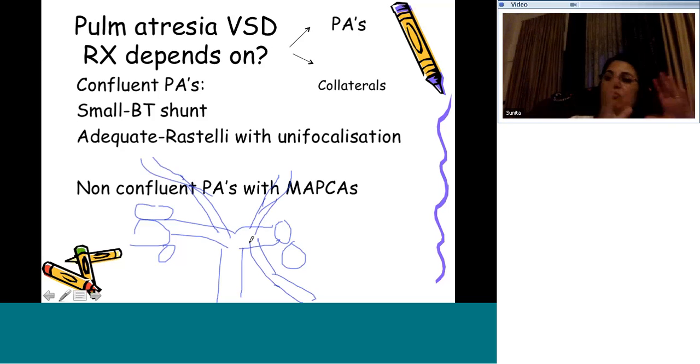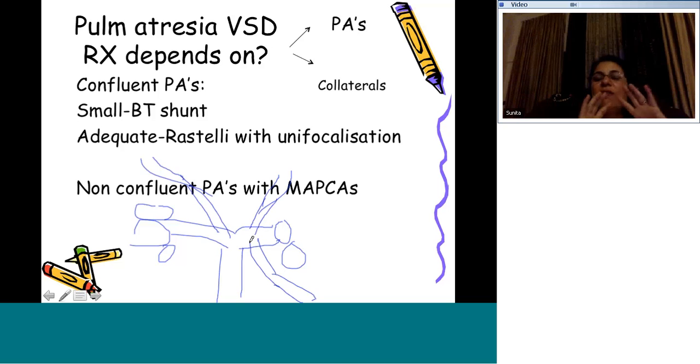If you leave the collaterals connected to the descending aorta, one, there may be high pressure, so you may get vascular damage in that segment of lung. Two, when collaterals get high pressure from the aorta, you may get a bleed in the lungs. So in pulmonary atresia VSD, if you're doing a BT shunt, typically you will do it with unifocalization. If you're doing a Rastelli, you'll do Rastelli with unifocalization.